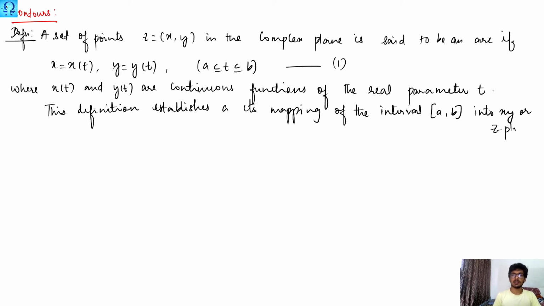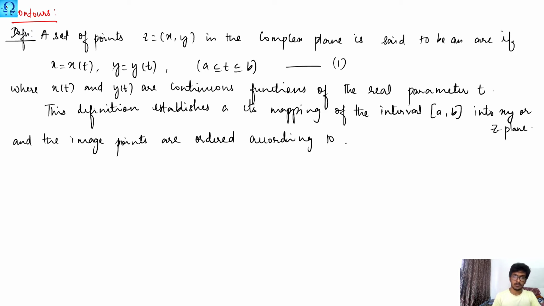We may call this either the xy plane or the z plane, and the image points are ordered according to increasing value of t.